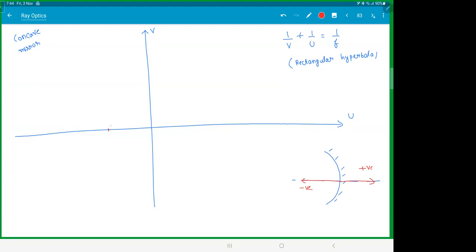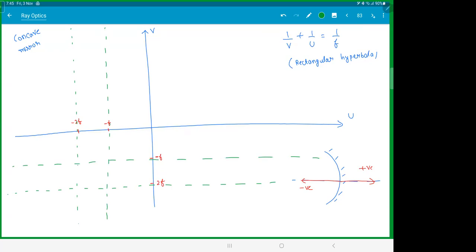So let this be minus F, minus 2F, minus F, minus 2F. F and 2F are very important because F is the focal length and 2F is the center.